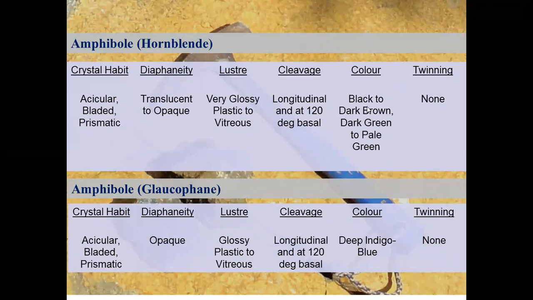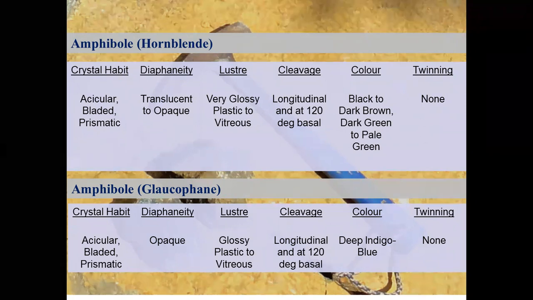And the color for your hornblende type or ordinary amphiboles is black to dark brown, dark green to pale green at times, less common in the pale green form. But when you're in your glaucophane amphibole, then it is that deep indigo blue color. So those are the amphiboles.